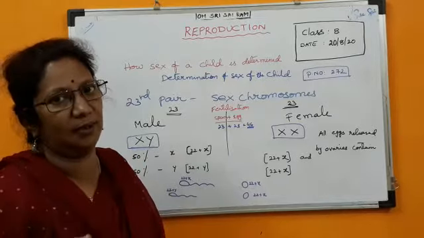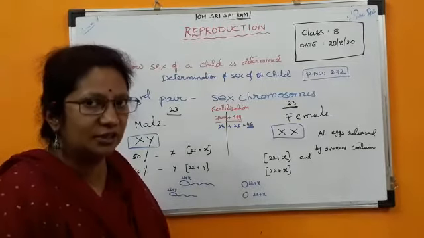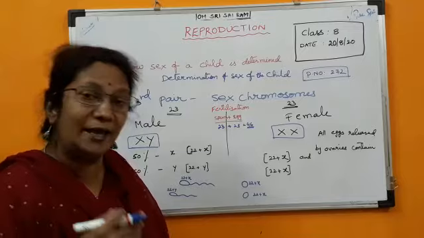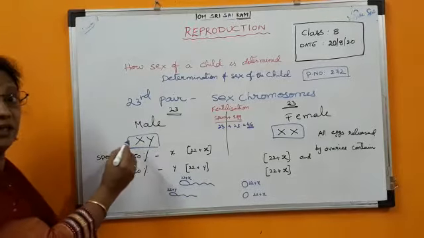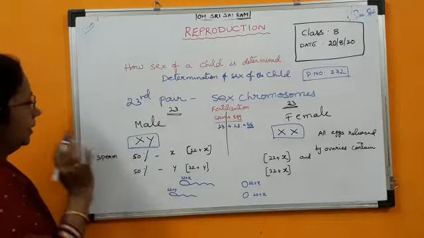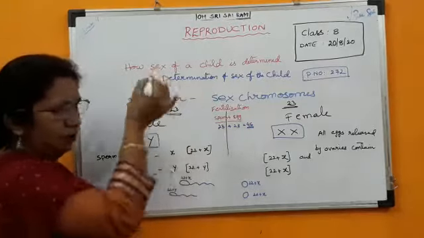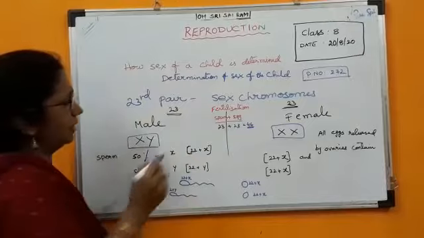X, Y. What are the sex chromosomes of a girl? X and X. Right? So this is the 23rd pair.